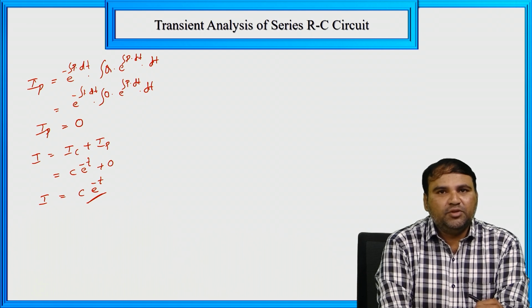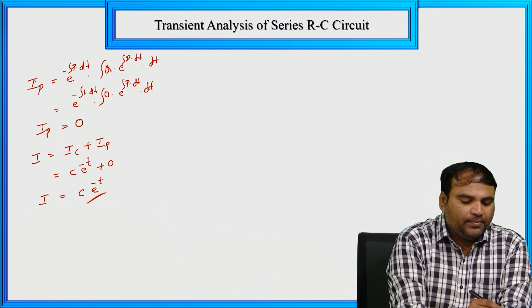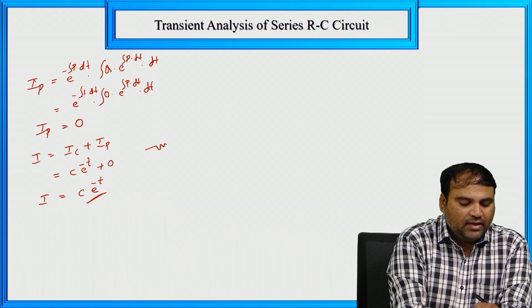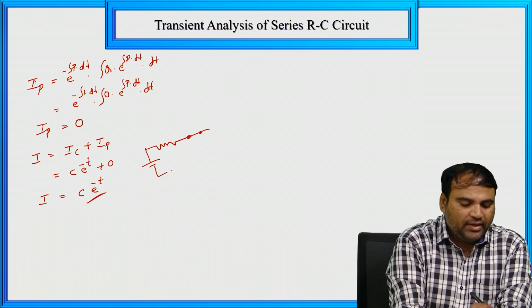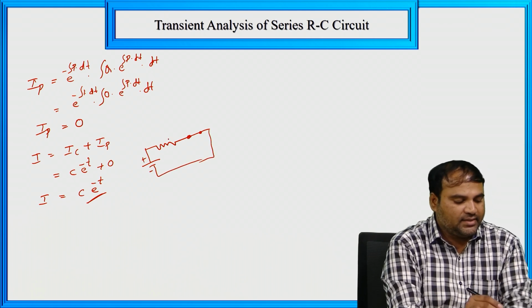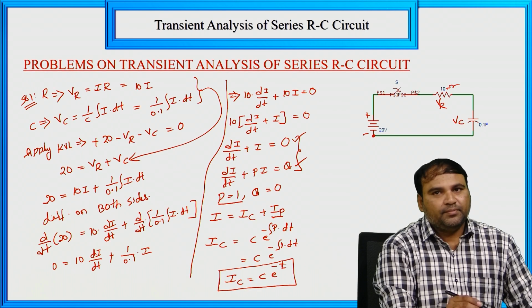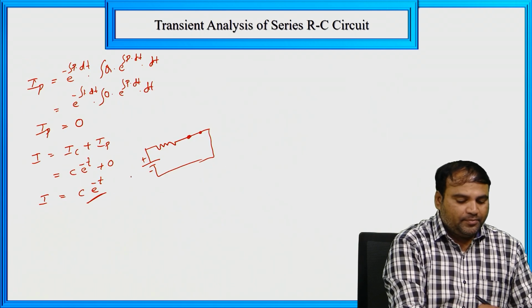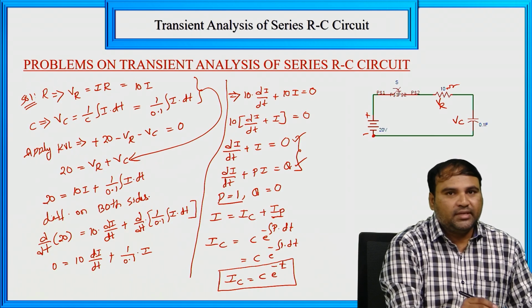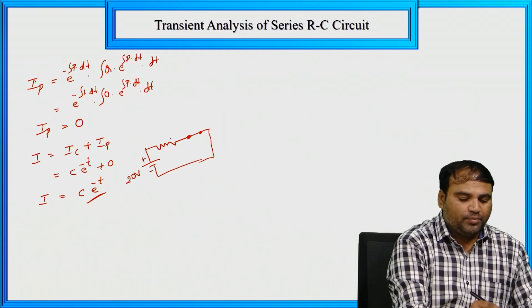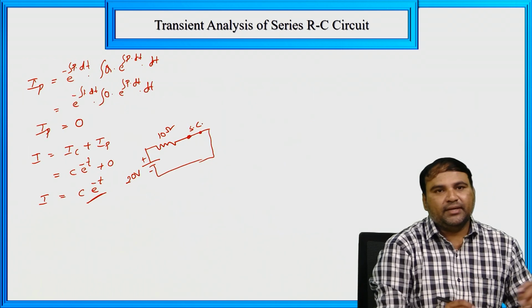So for this RC circuit, the capacitor acts as a short circuit here. So here the voltage source with plus and minus terminals and a resistance are there. The voltage is 20 volts and the resistor is 10 ohm, and it is short circuited.